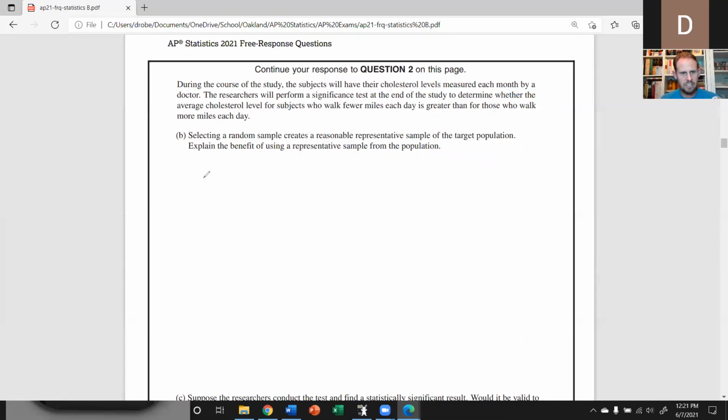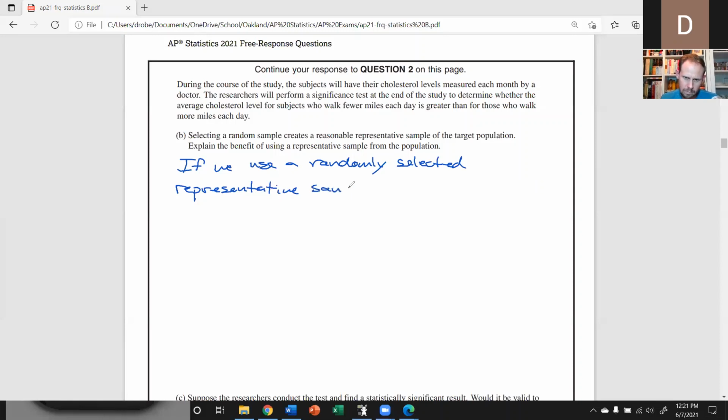Well, this is just kind of textbook definition. So if we use a randomly selected representative sample, then our results basically should hold for everybody in the population.